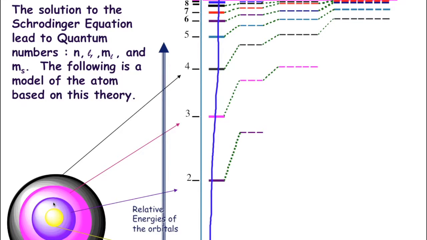The second shell right here, it's bigger, so you can accommodate more than two electrons in here. And so it's made out of s right here, and p. But for the p, there are 3 types of suborbital.